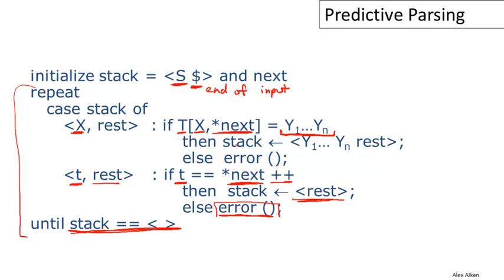And now what we do is we pop X off the stack, and we push the children of X in the parse tree onto the stack. So this is the way we expand X. So now the leftmost unhandled thing in the parse is going to be Y1, because that's the first child of X. And then all the other children of X are next, and then whatever else is in the stack. And again, if there's no entry for the current non-terminal and input in the table, then that's an error, and the parsing stops.